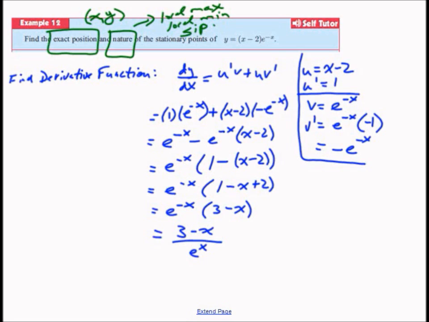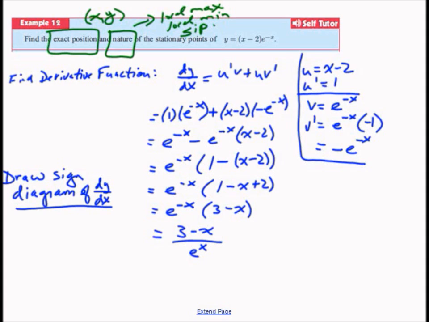Now we need to draw a sign diagram of it. And in this case, I should call it dy/dx, because that's the notation being used. So we need to think about what our critical values are for this derivative function. Is there anywhere on the function where it is undefined? And there is not.